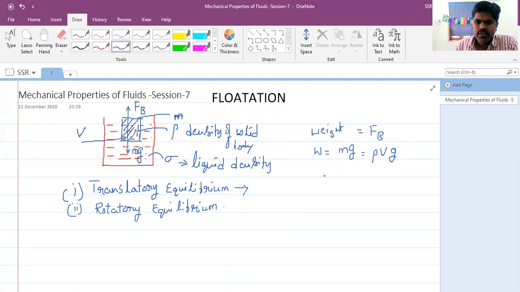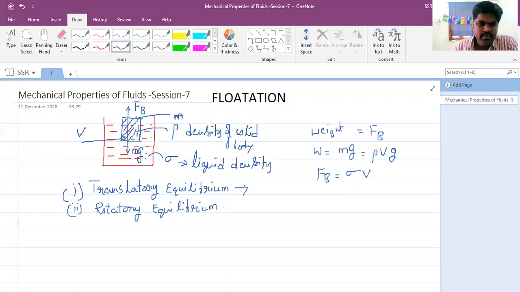And Fb, the buoyancy force, what I said? Buoyancy force is the weight of the displaced liquid. That I can write as sigma, the density of the liquid, into the volume displaced.